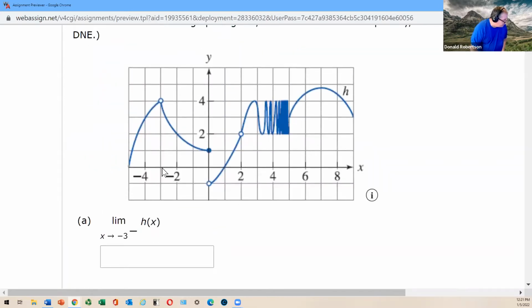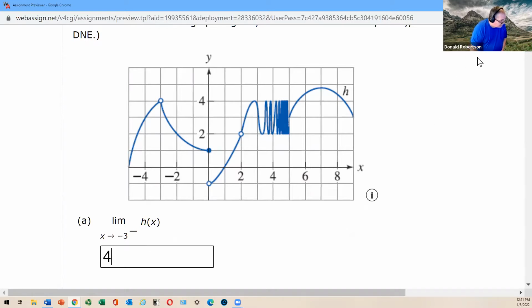In particular, if you look at -3, do you see it's there where that little circle is, that little hole? If I asked you to tell me what the left limit is, you'd be looking at this function coming in from the left-hand side. And as you get closer and closer to -3, isn't the value of the function, its height, 4?